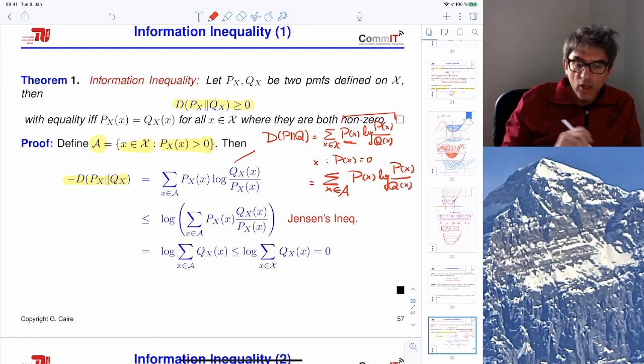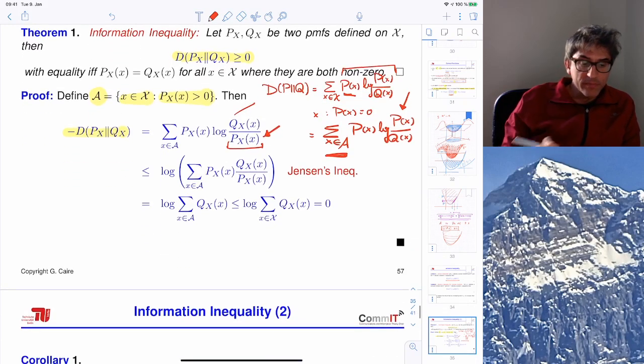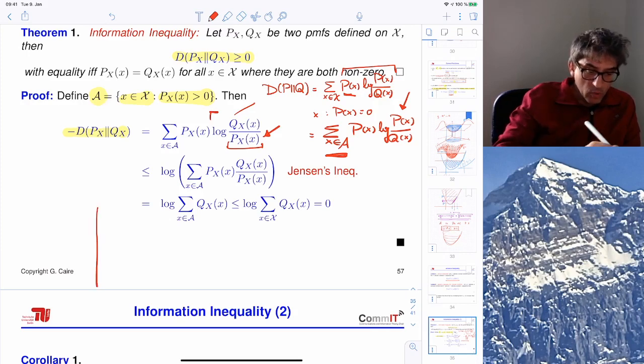Okay? So once you have this, now when we restrict to this set, all these p's are positive. So now we can write minus the divergence in this way, because now we are dividing by these p's, but they are all strictly positive. So we are not dividing by 0, okay? So now what we can do is use Jensen's inequality. This can be seen as the expectation of the function log of q over p, but logarithm, guess what?